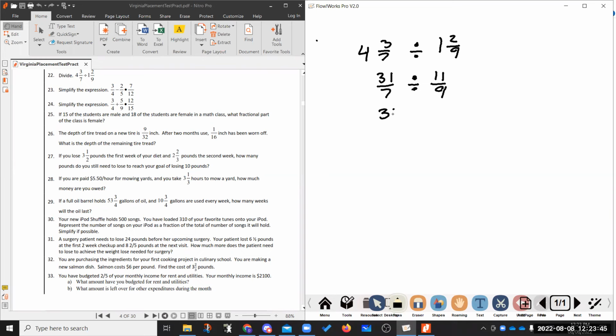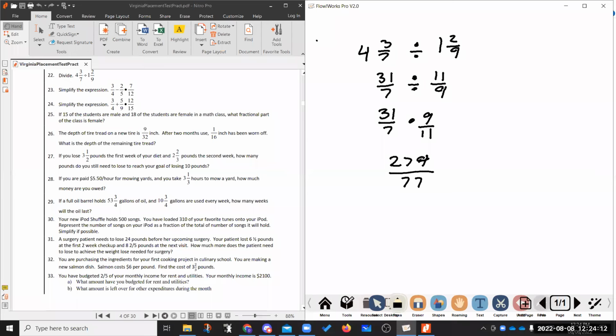And nothing simplifies there. So we're going to have 279/77. And we're going to say, oh boy, that's an interesting number, right?